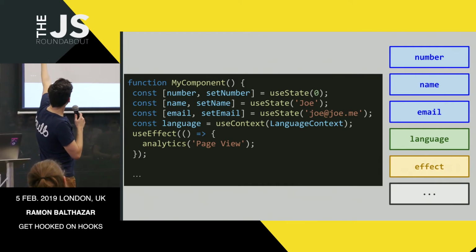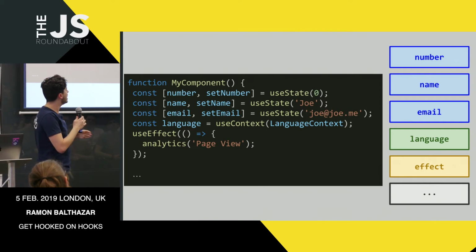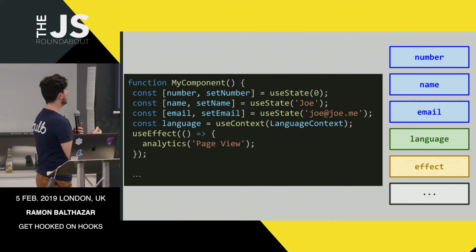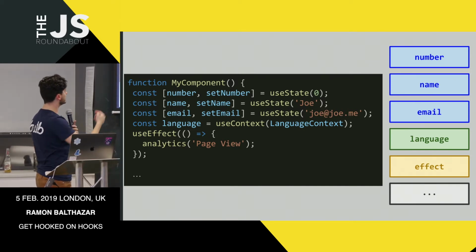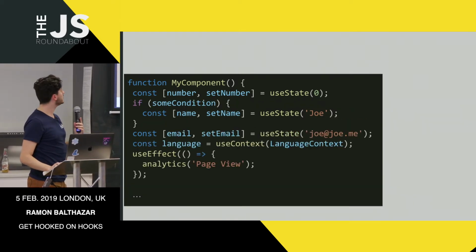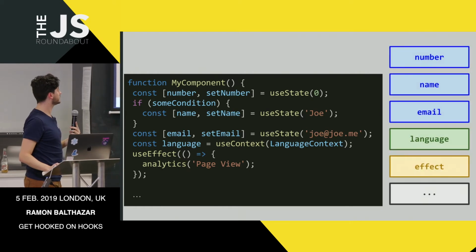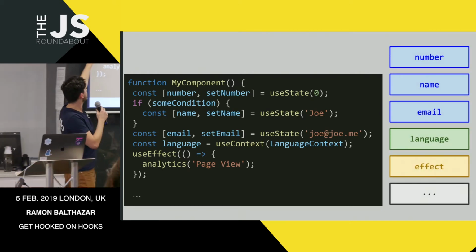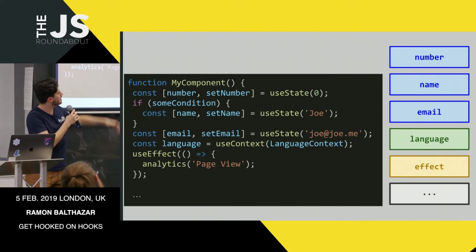So you get a number from state first time, you get a name, you get an email, and it will all be mapped to that. On the next render, it will all come back in the same order.